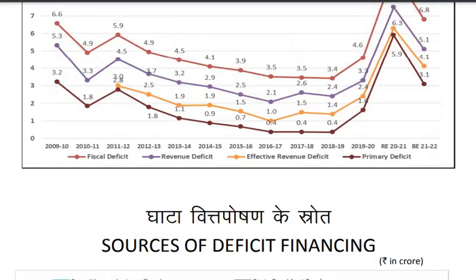You can see in 2009-10 the government borrowed 3.2% of the amount. It has reduced to 1.8, then in 2018-19 it was 1.4, then 1.6. In this particular year they have increased the borrowing to 5.9, and the good part is that they have also estimated that the borrowings would be reduced to 3.1% going forward.